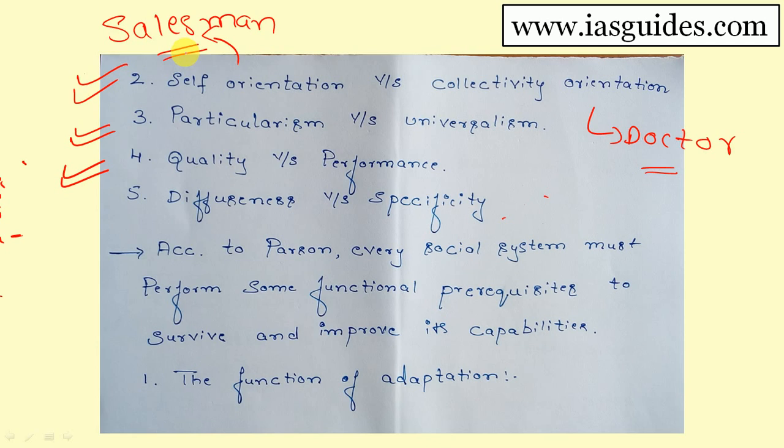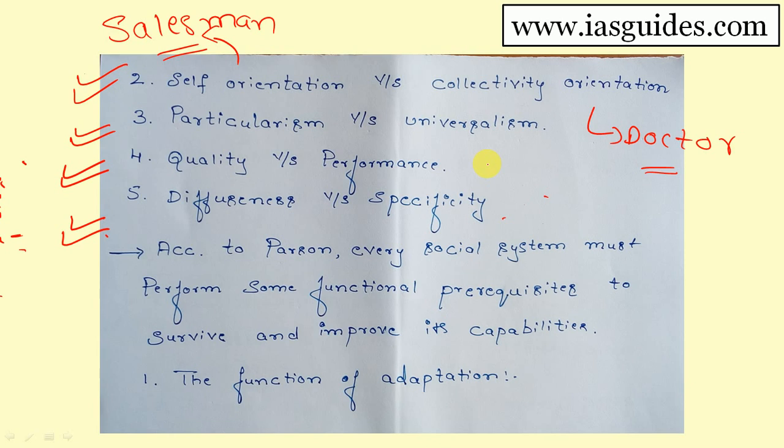Getting? And the fifth type is diffuseness versus specificity. This can be equated with the scope of interest in an object. Diffuseness means wide scope, infinite boundary.